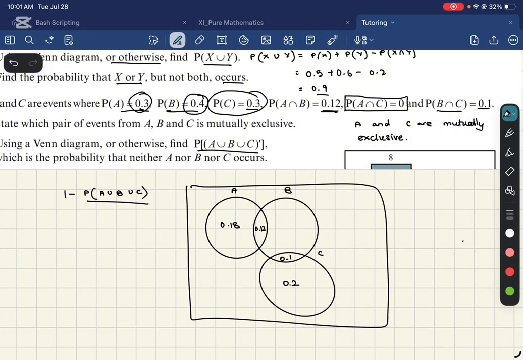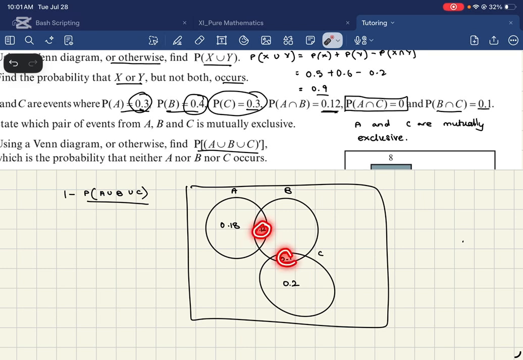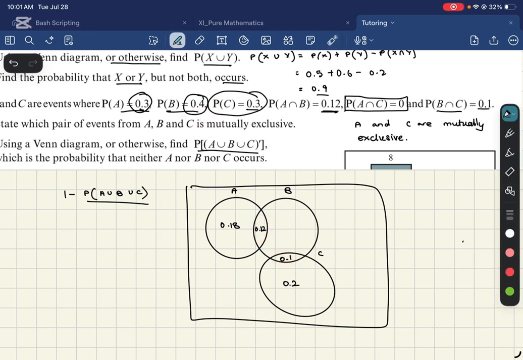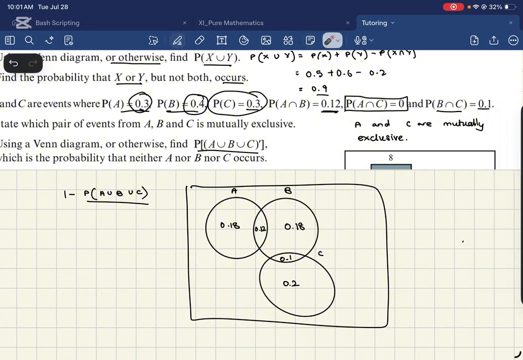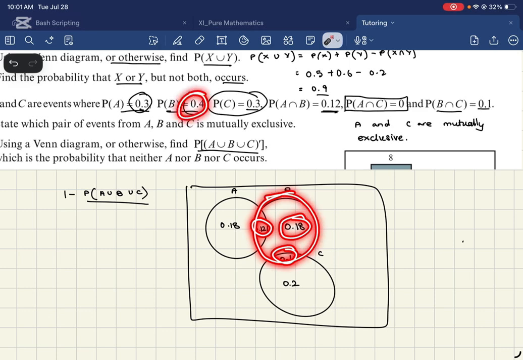If you add these two together, you get 0.22, right? And then probability of B has to be 0.4. So if you do 0.4 minus 0.22, you get 0.18. Why? Because if you add this and this together, that forms B, and B has to be 0.4.